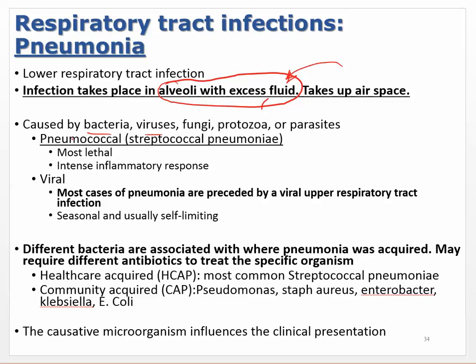Now, pneumococcal, which is streptococcal pneumoniae, is a bacteria, and that is considered the most lethal. Okay, and it causes an intense inflammatory response. So this one, it's not going to kill everybody, but it can be much more serious, and it can cause death. There are also viral forms. Most cases of pneumonia, in fact, are preceded by some kind of a viral upper respiratory tract infection.